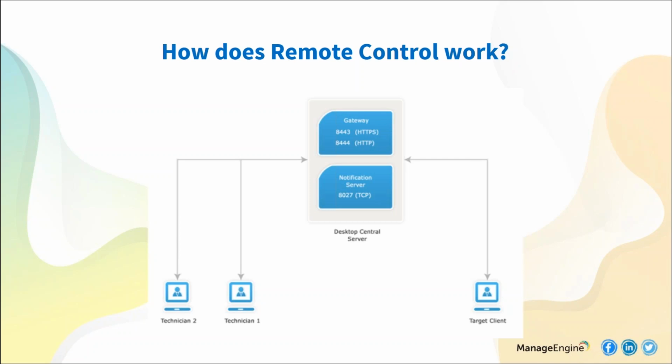From the server through the 8027 port, it sends a notification and then it initiates a remote session. And this session is established over the 8443 port. If there are other technicians who want to join, they can view the same desktop or image frames right on the server. So this is how remote connection is established and works.